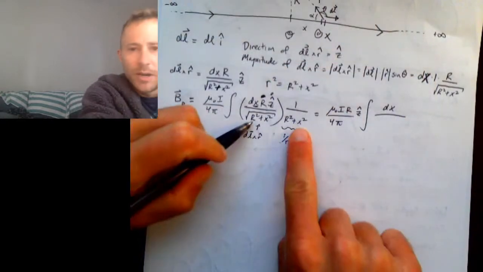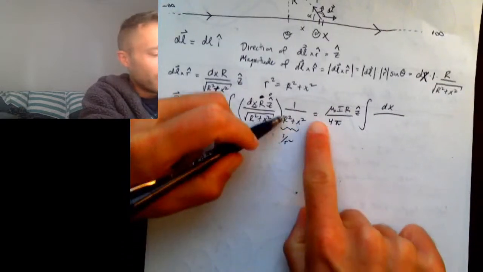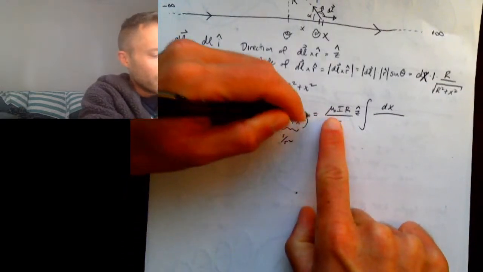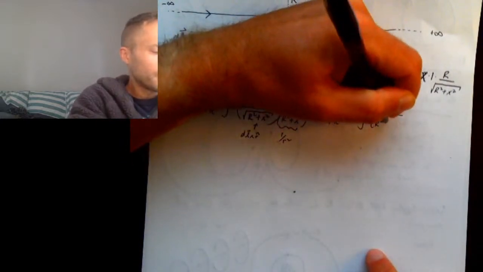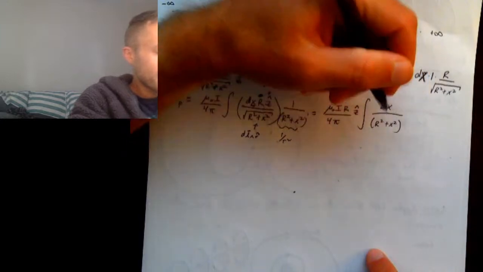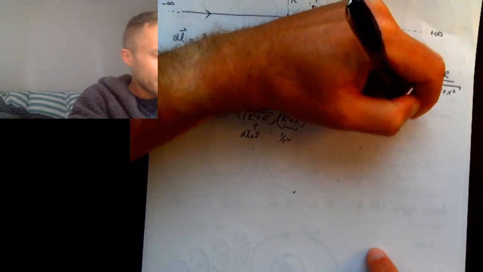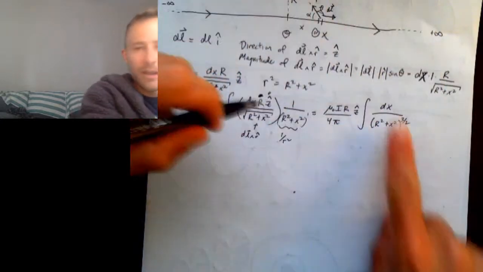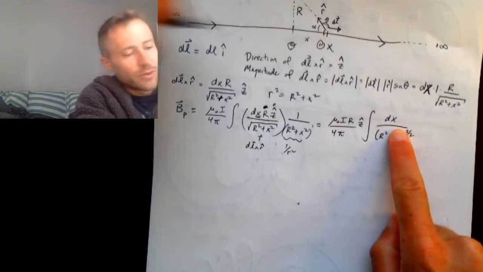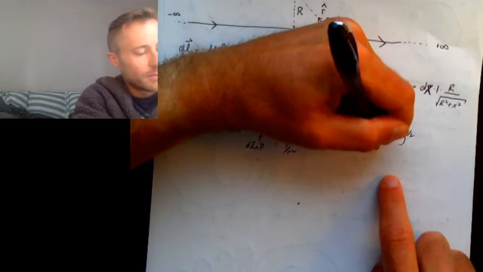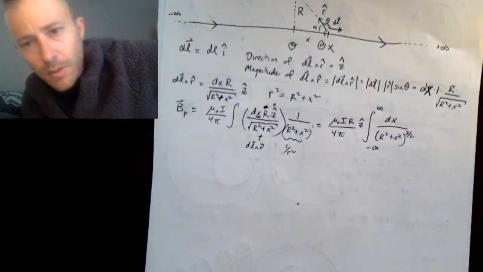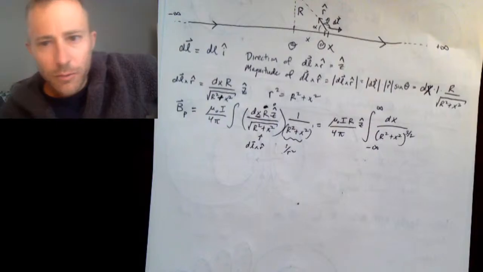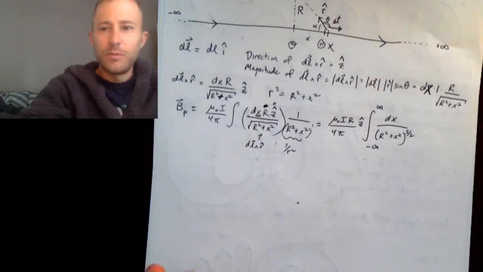And then when I combine these two terms, this is to the 1 power, this is to the 1/2 power, so I have the 3/2 power. And x runs from minus infinity to plus infinity. So I have to do this integral. All right. And so for completeness, I'm going to do that integral.